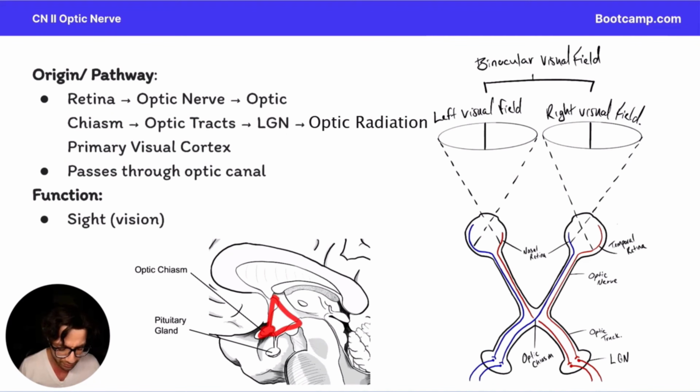So right here, that's that optic chiasm, and it's going to sit just anterior to the infundibulum right here. And if you remember, the infundibulum is what the pituitary gland attaches to. So we have the infundibulum and the pituitary gland just posterior and inferior to that optic chiasm.